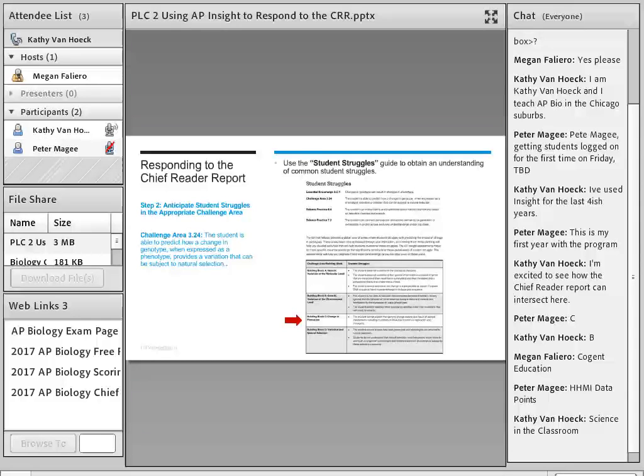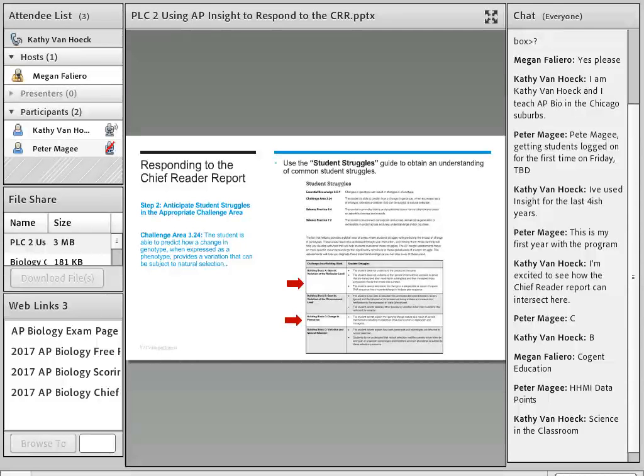AP Insight predicted that. Building block C is the one that I think was the bigger problem, but that's just a personal reflection on it.